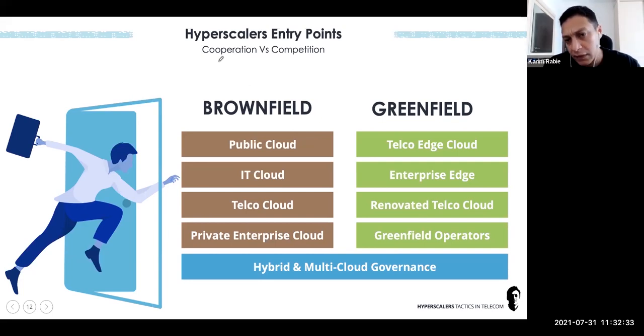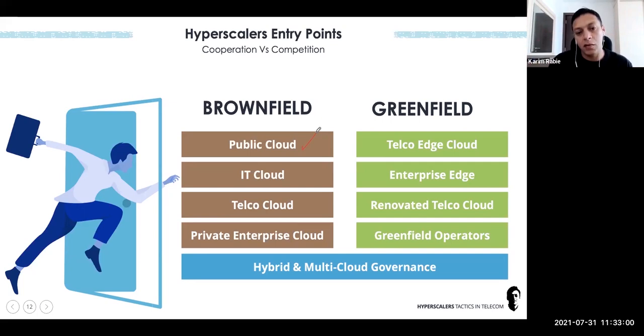The title here is actually cooperation versus competition. Public cloud was 100% a competition. The mobile operators made an attempt to build their own public cloud, offering public services for their enterprises, but they were really challenged and impacted by the huge presence of the hyperscalers.